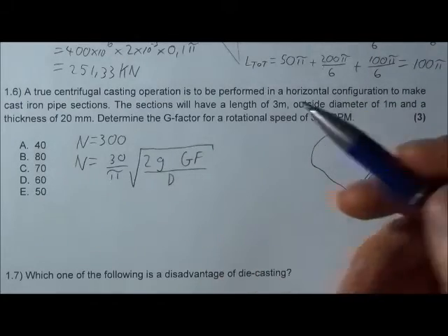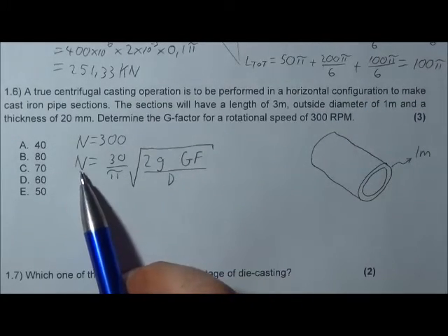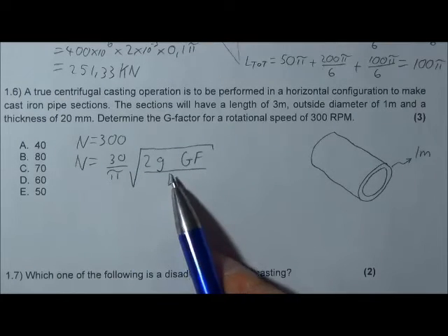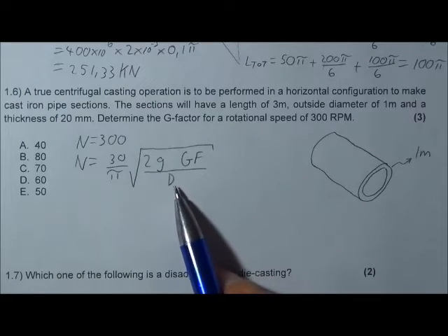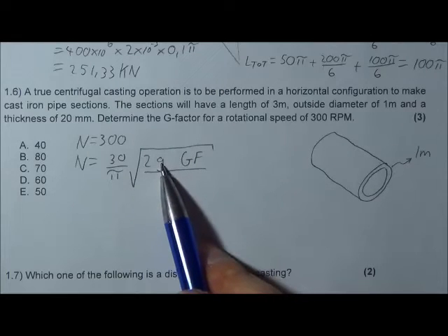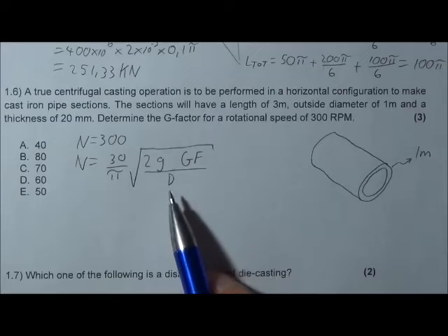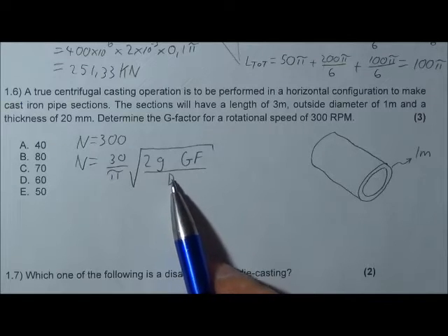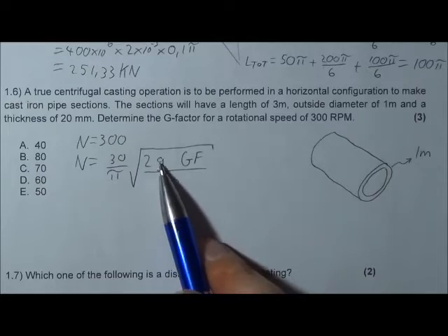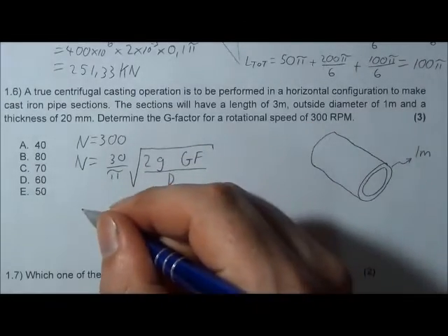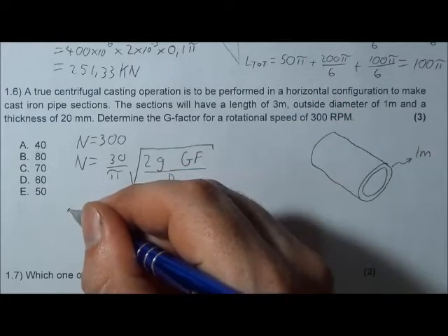This equation is relating the rotational speed to the G factor as a function of the diameter. Remember all of the units here? Meters per second squared, G factor doesn't have a unit, and there we have meters to work with the meters per second squared at the top. So this D must be given in meters.